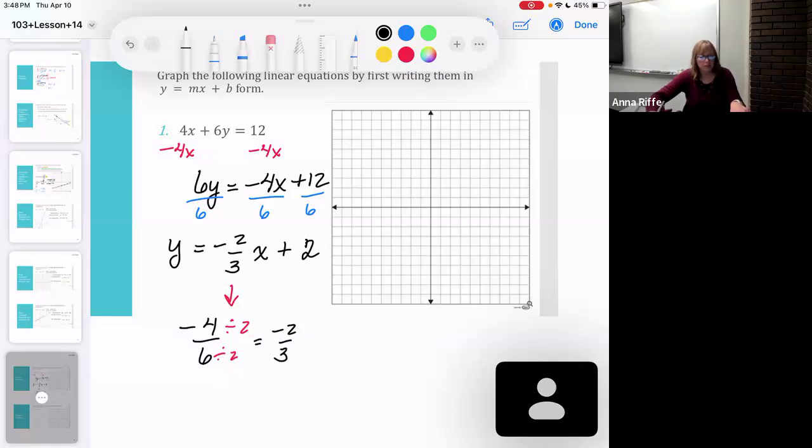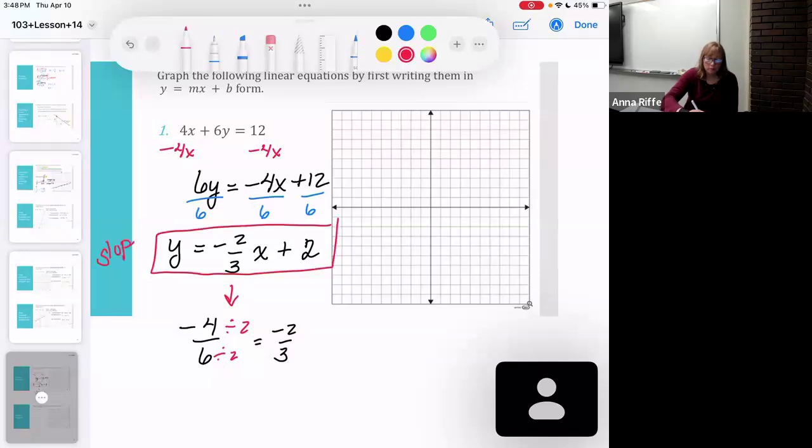Okay, now that we have that, let's put this on the coordinate plane. I have solved for y because this is now in slope-intercept form. And what that means is I automatically know the slope and I know the y-intercept.